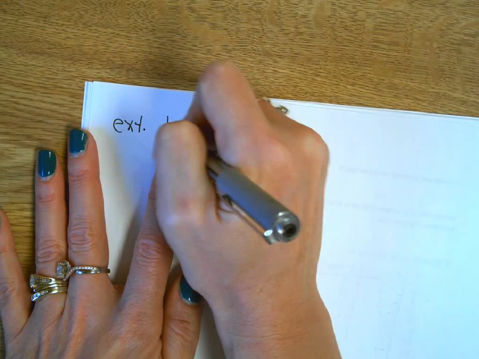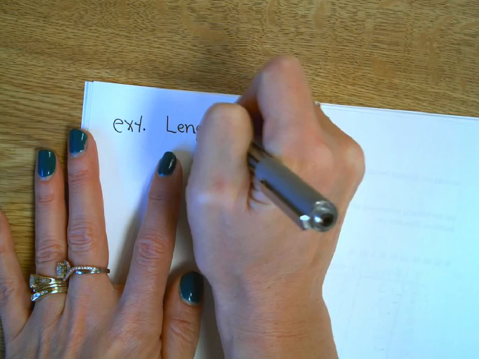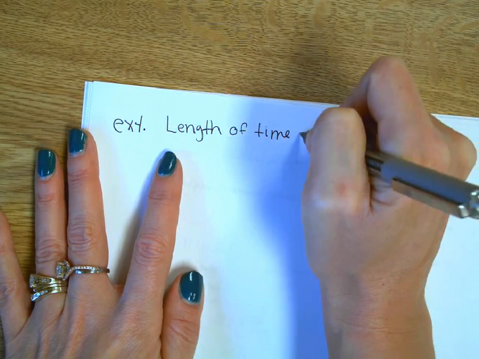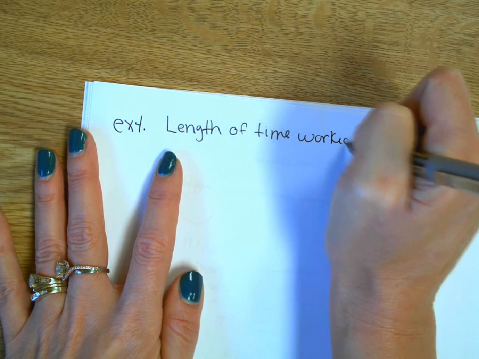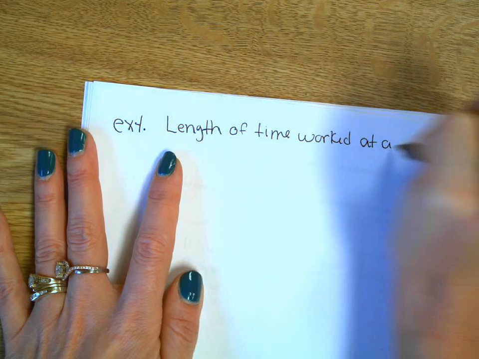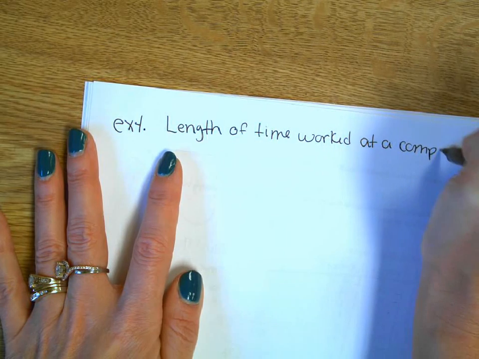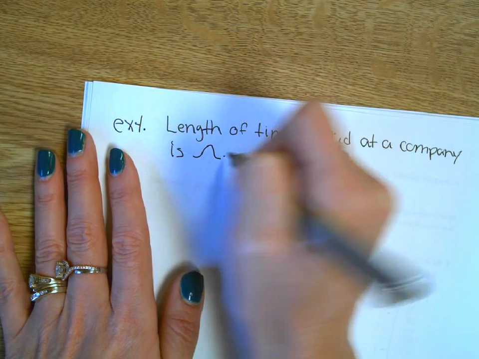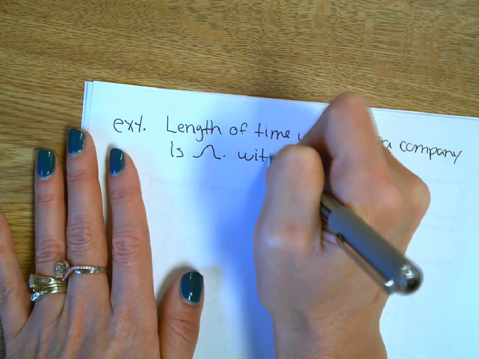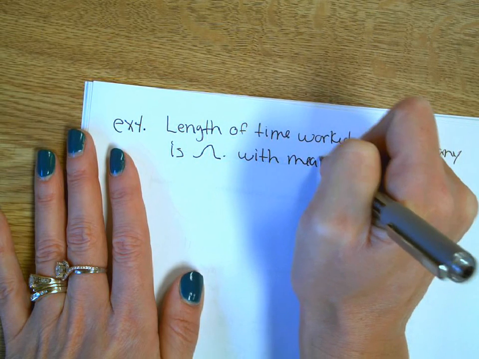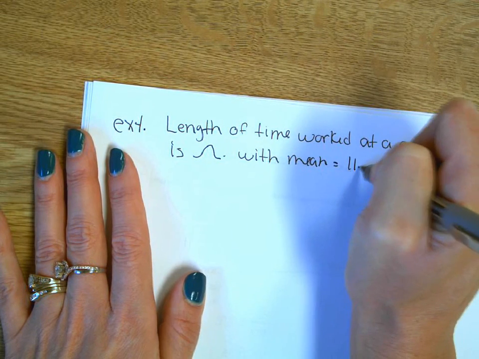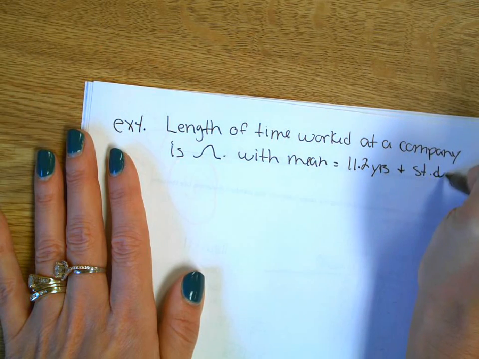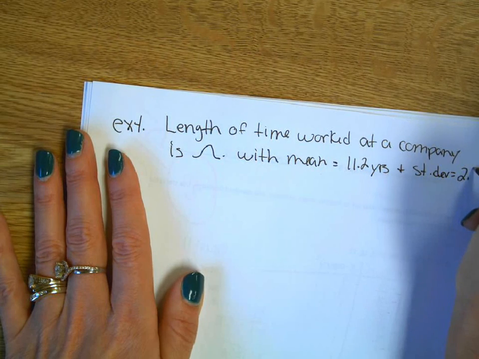Okay, the length of time worked at a company is normally distributed with a mean of 11.2 years and standard deviation 2.1 years.